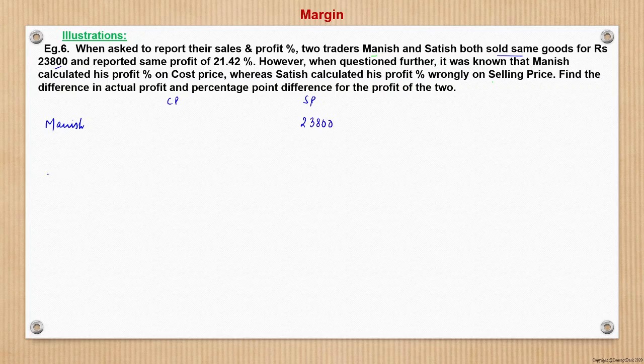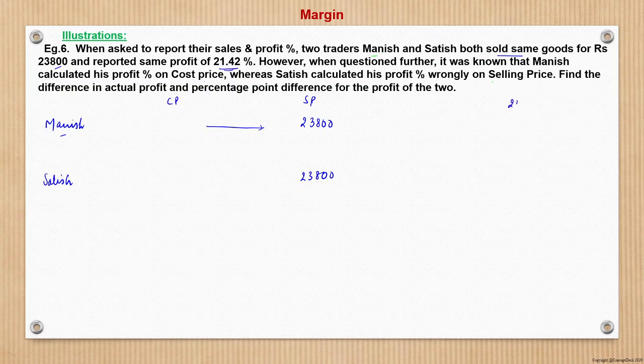For Satish also it is 23,800, right? And Manish has calculated profit percentage, and that is the correct way of calculating, on cost price, right? And that is given as 21.42.